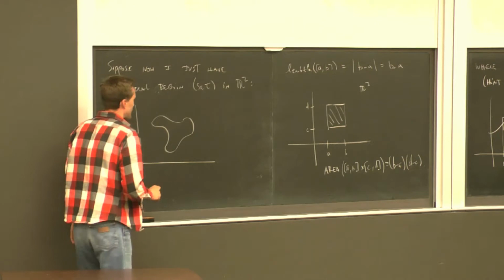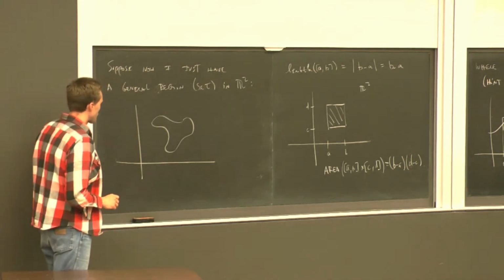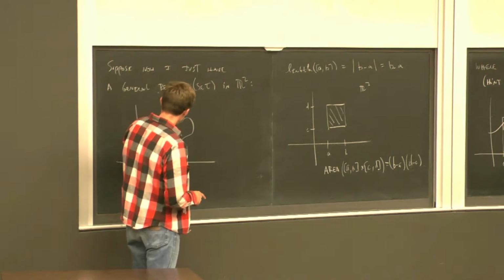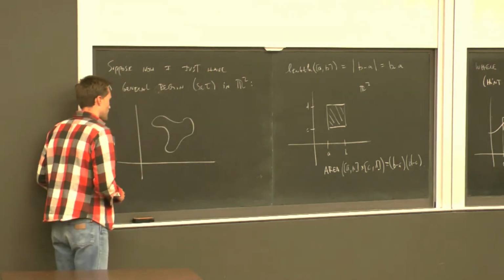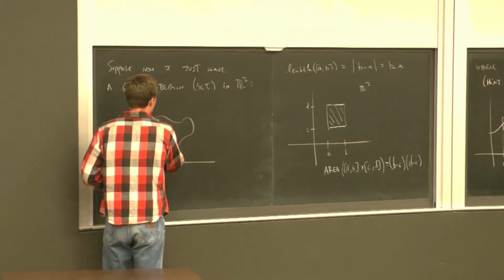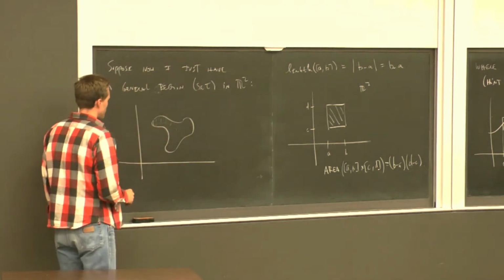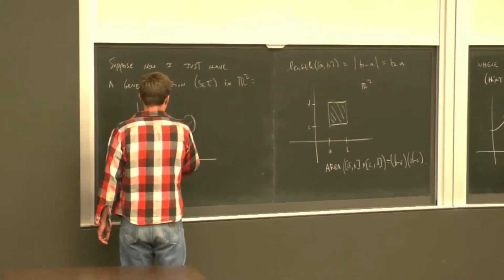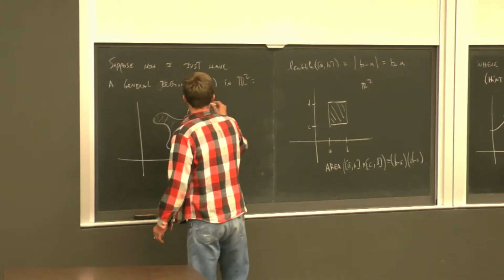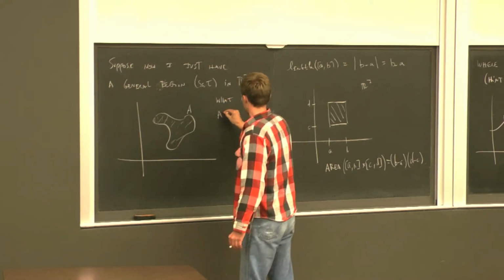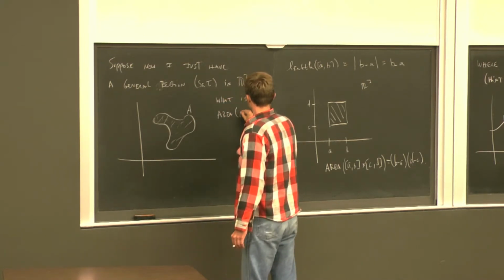It's just a set, but it looks like it has an interior that we could try and figure out the area of. So here's my A. So what is the area of A?